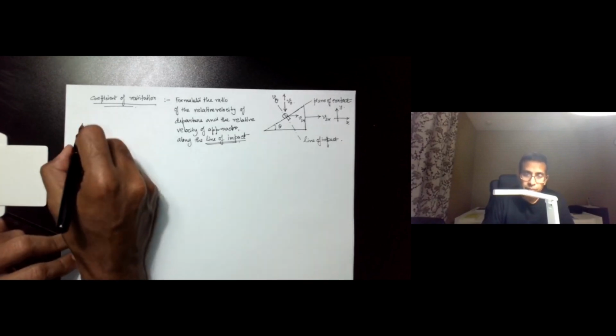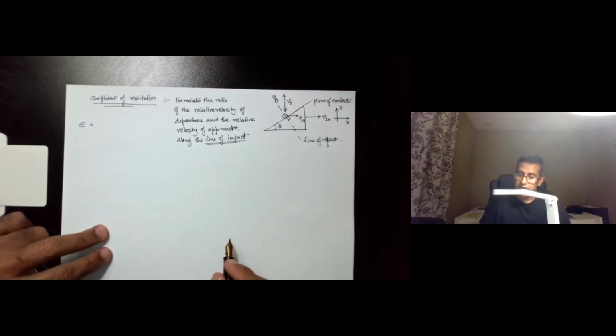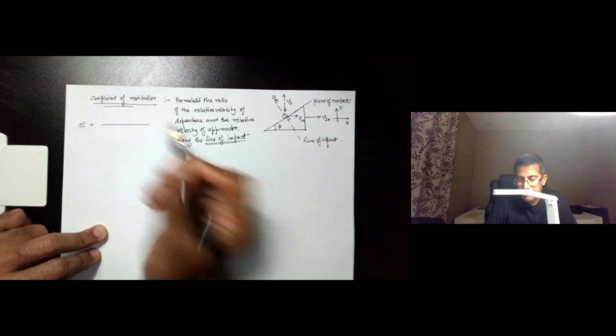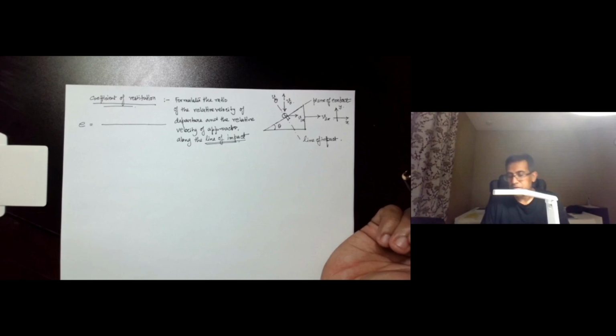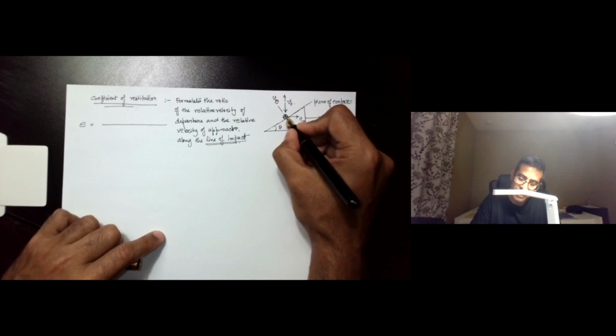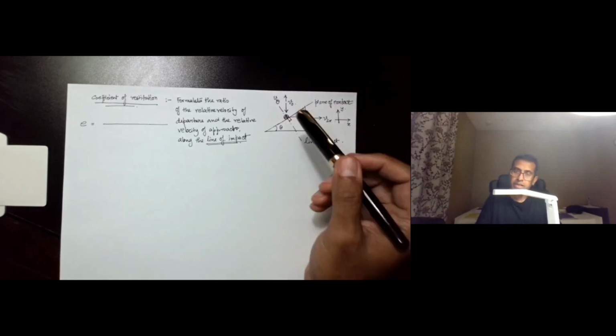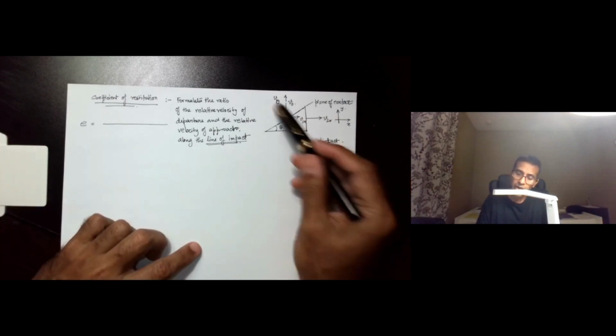So now if we formulate this coefficient of restitution, e is equal to the relative velocity of departure divided by the relative velocity of approach. Let's write the expression for the relative velocity of approach first. The incline is not moving, so it has no velocity during the approach phase of the collision. The particle is approaching the incline with a velocity v0, but we need to keep in mind that our interest is in the velocity components that are along the line of impact.